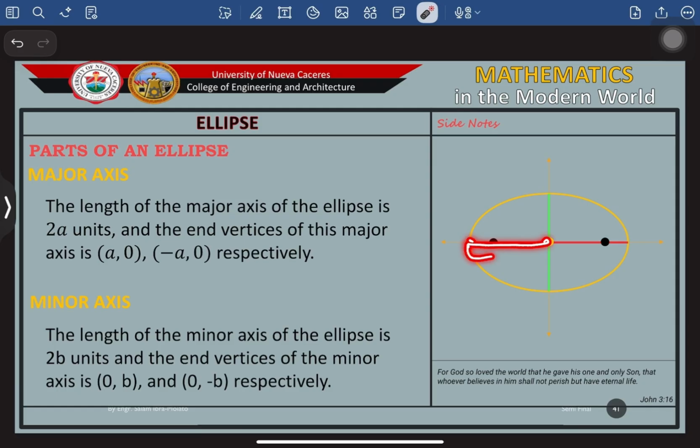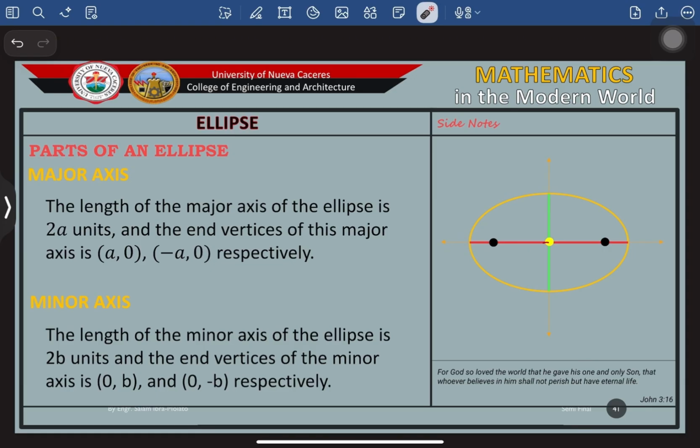Here is the semi-major axis, denoted as a. Then the other one is also a, but for this one, it should be negative a since it is on the negative side.